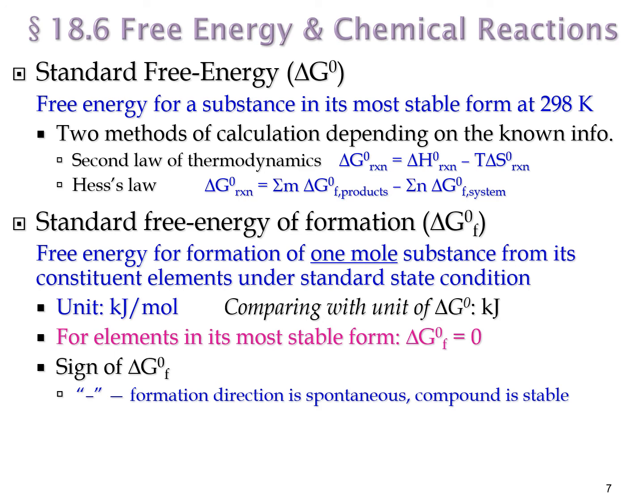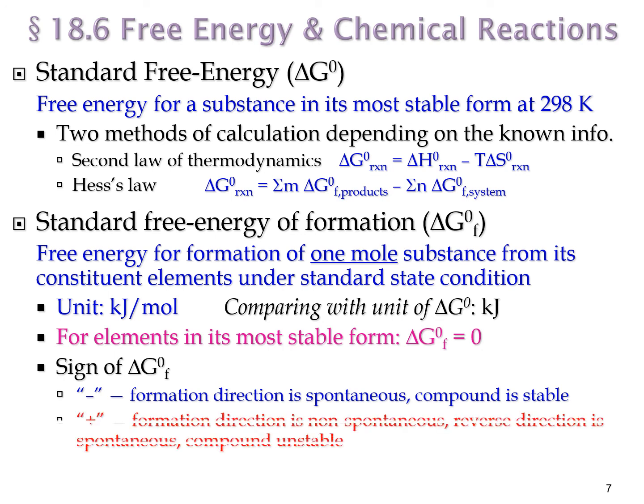If it's negative, that means the formation direction is spontaneous because delta G is less than 0. The compound is more stable than its elemental form. If it is positive, the formation direction is non-spontaneous, and the reverse is spontaneous. The compound becomes unstable and is subject to decomposition in theory.